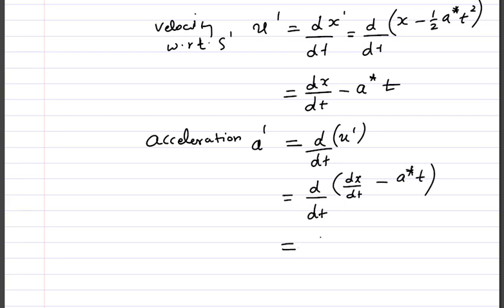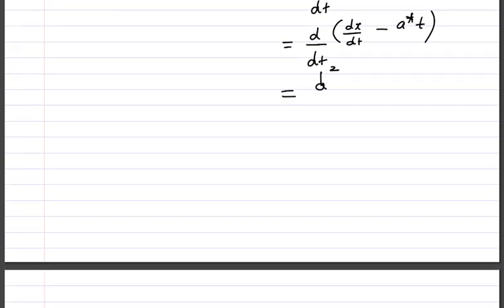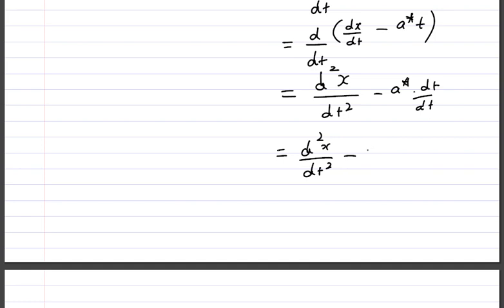So which is d square x by dt square minus a star into dt by dt, which is 1. So that is d square x by dt square minus a star.